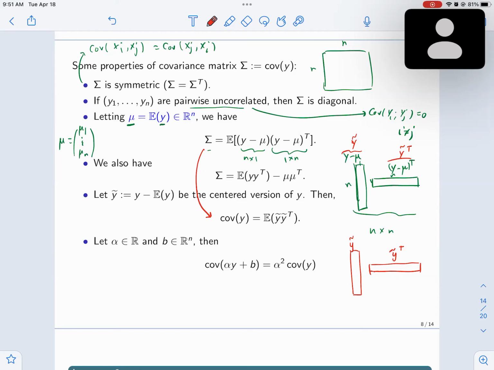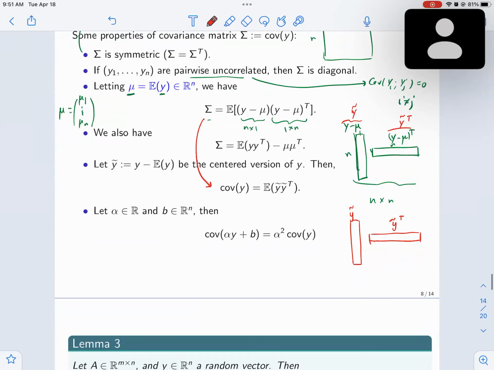Okay, so in general, the ijth entry of this matrix is y tilde i, y tilde j. So if you think about how matrix multiplication works, that's how it works.